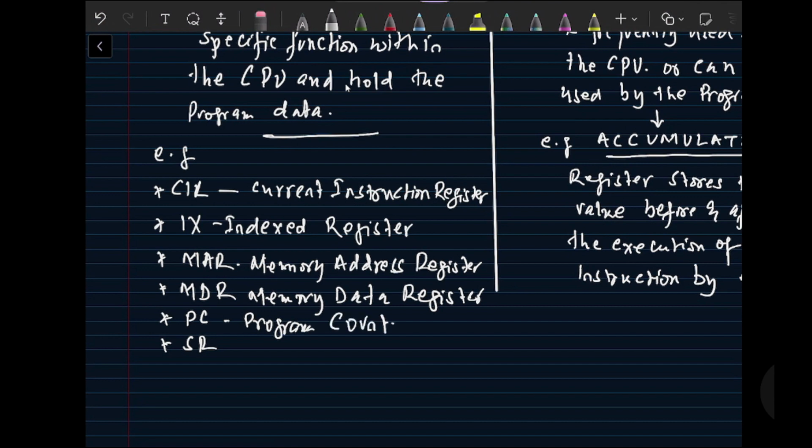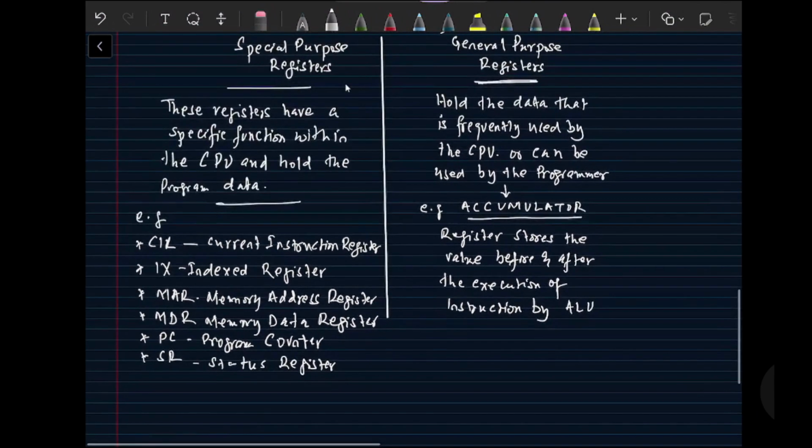Program counter, and then this is the status register. All these registers are placed in the category of special purpose registers because each of these registers has a special role in the processing of the data.